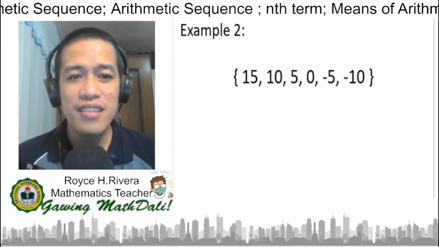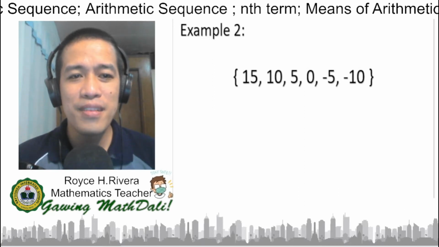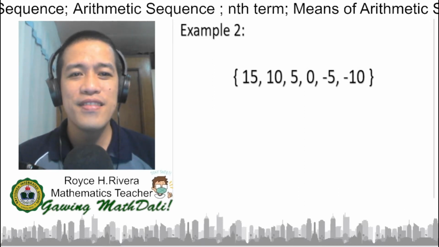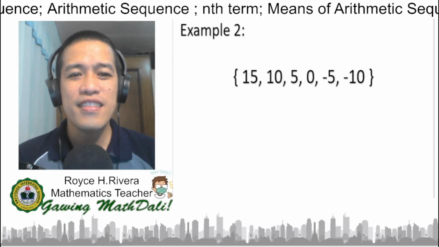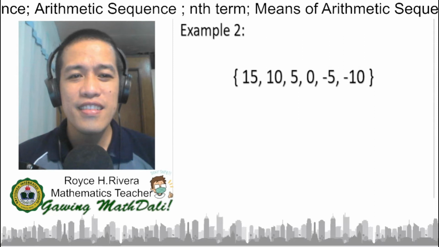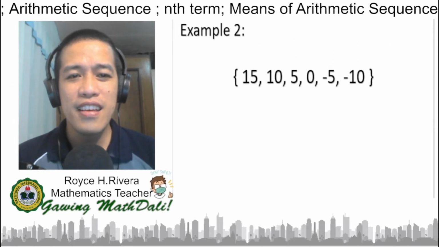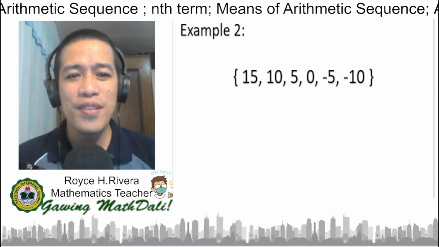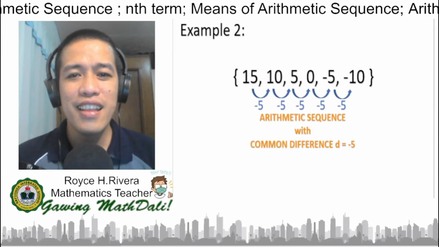Can you guess the common difference for this set of numbers? Siguro napansin nyo that the common difference for this set of numbers is negative 5.